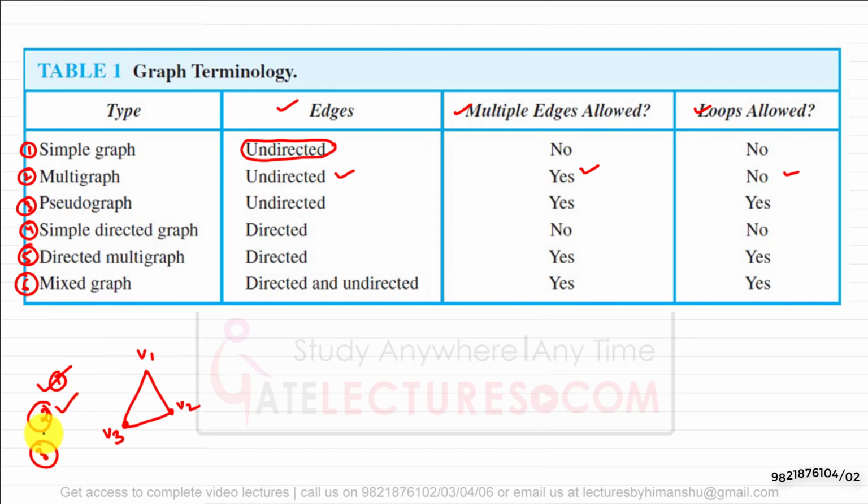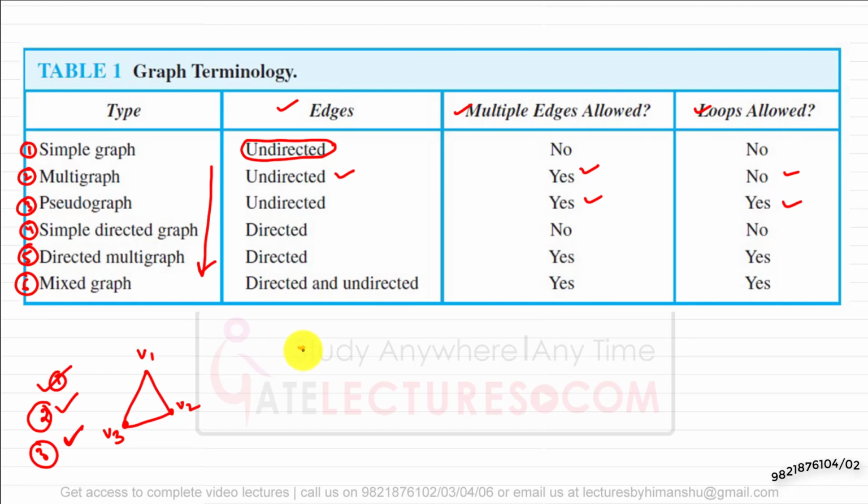A pseudograph has undirected edges, and it can have multiple edges as well as loops. So this also represents a pseudograph, correct? We are giving more freedom in each case, which means any simple graph is also a multigraph and also a pseudograph.